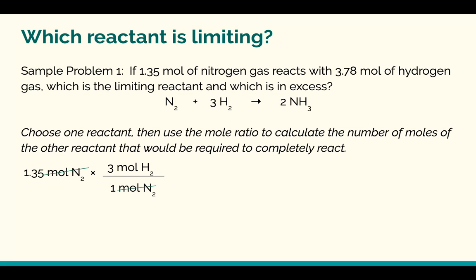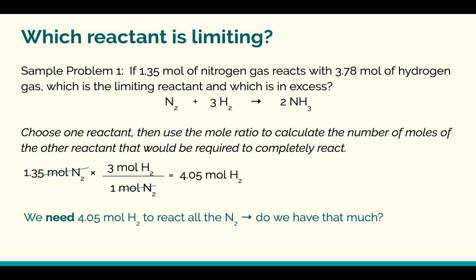So 1.35 times 3 gives us 4.05 moles of hydrogen. So what that means is that in order for all of our nitrogen to react, we would require 4.05 moles of hydrogen. So then you have to ask, do we have that much hydrogen?